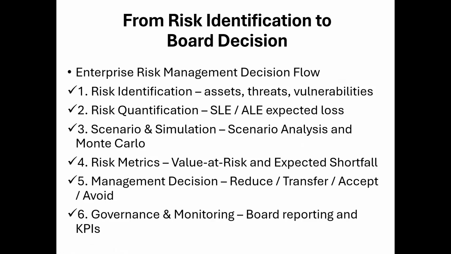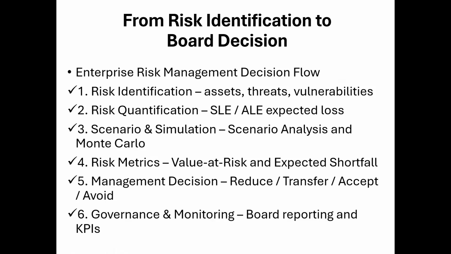Throughout these 2 sessions, session 1 and session 2, we moved from just identifying the risk to supporting strategic decisions. We started with risk identification. We identified the assets that are exposed to threats and vulnerabilities. And then we performed risk quantification.